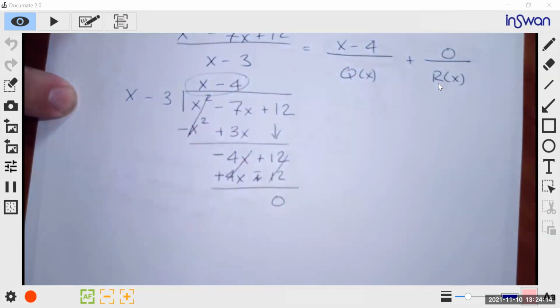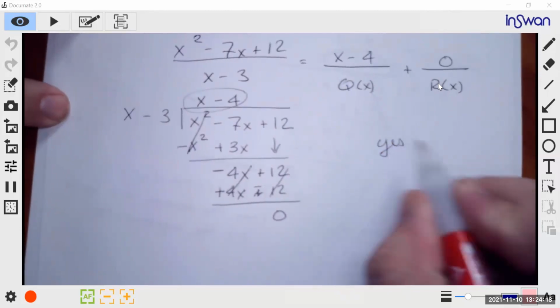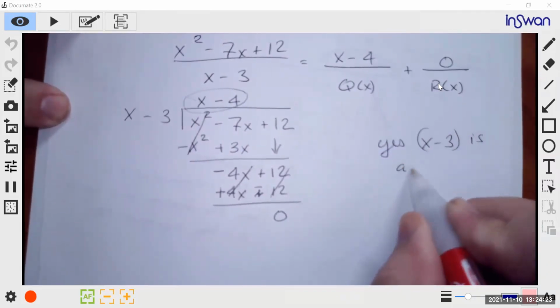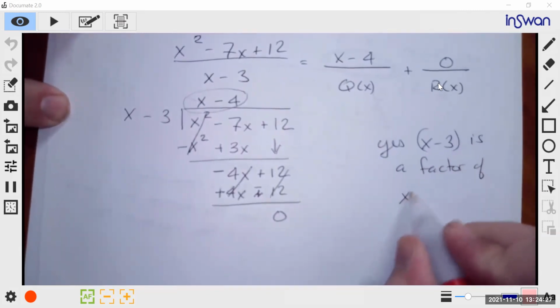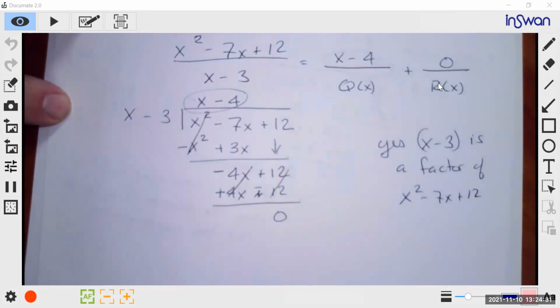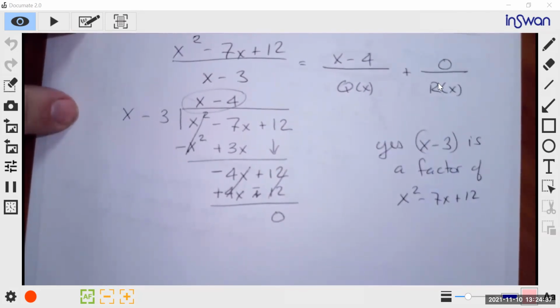The remainder is 0. So yes, x minus 3 is a factor of x squared minus 7x plus 12. Do we know the other factor? Yeah, x minus 4 is the other. Exactly.